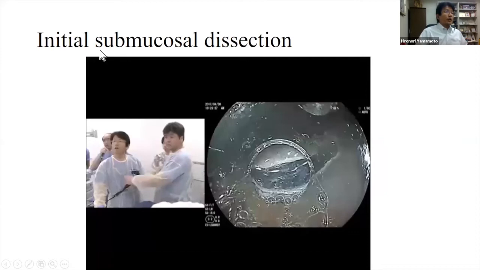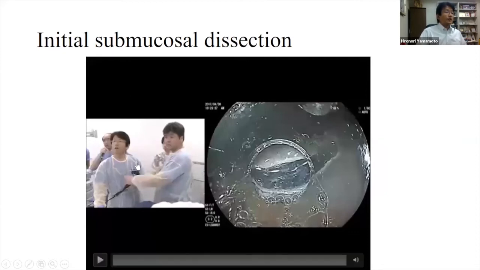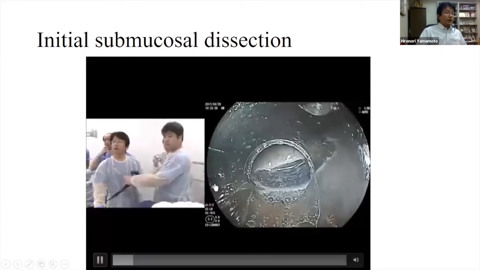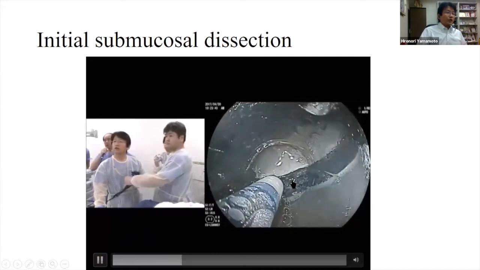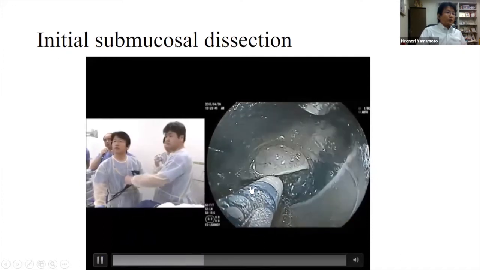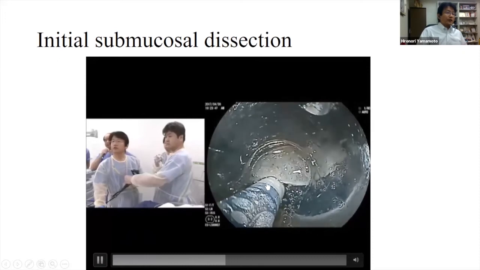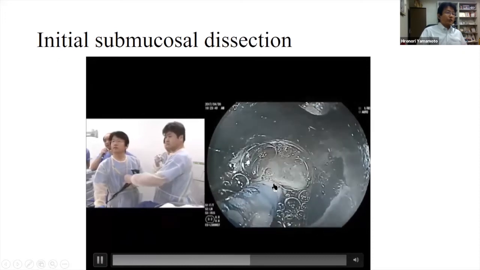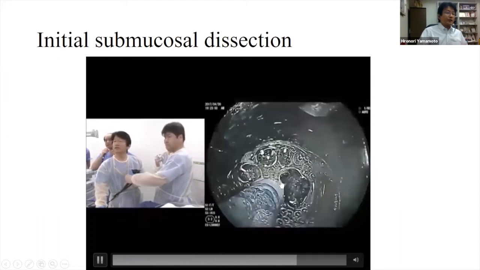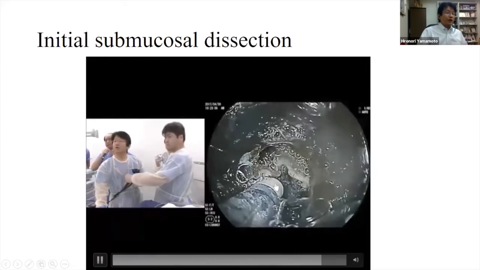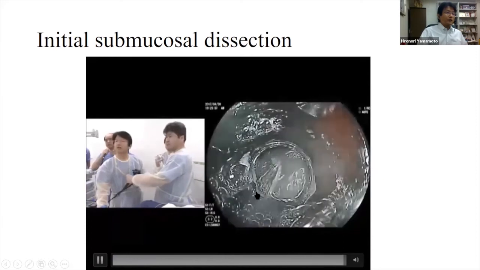And how to make an initial submucosal dissection. After the mucosal incision, before going into the submucosal layer with the tip of the hood, the submucosal dissection right below the mucosa can be repeated a few times, like 2 or 3 times.